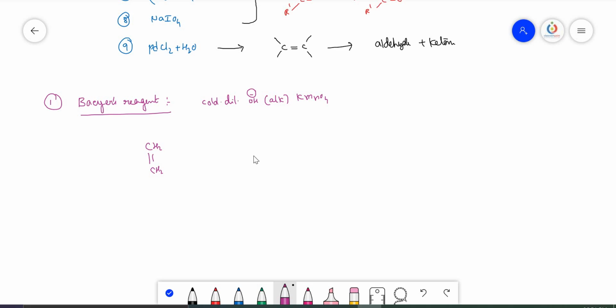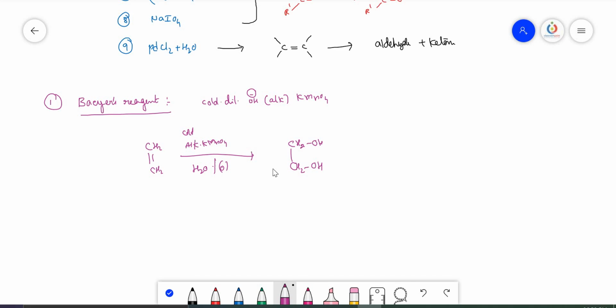You take this molecule and use alkaline KMnO4, H2O, with this cold, you have to mention it, oxygen, or else directly you can take H2O2, so that you will get CH2OH, CH2OH.